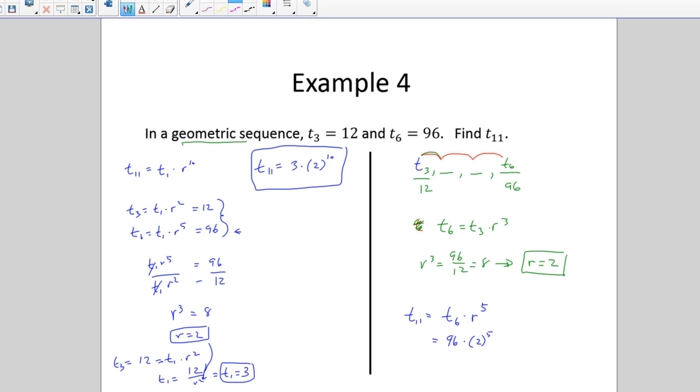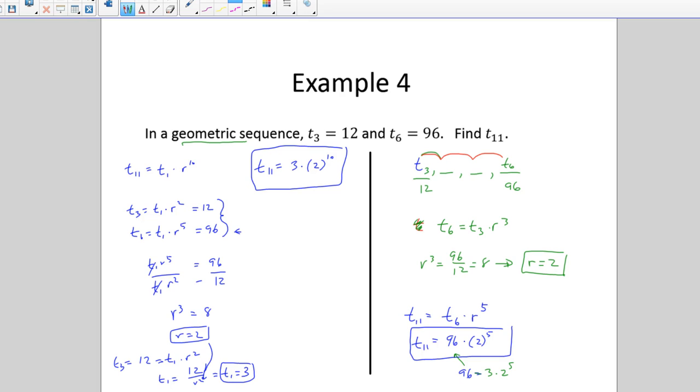My contention is that that's the same answer as over there in the first half once you multiply them out, because 96 equals 3 times 2 to the 5th, which is 32. So when you put that in there, you'll get the same exact answer.